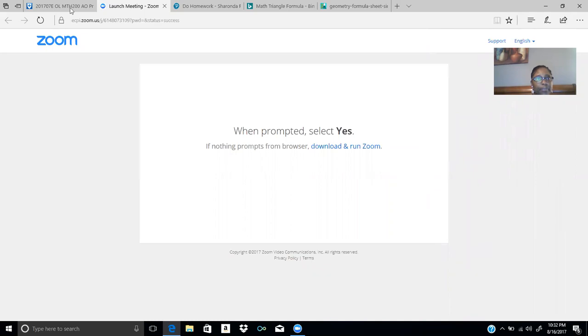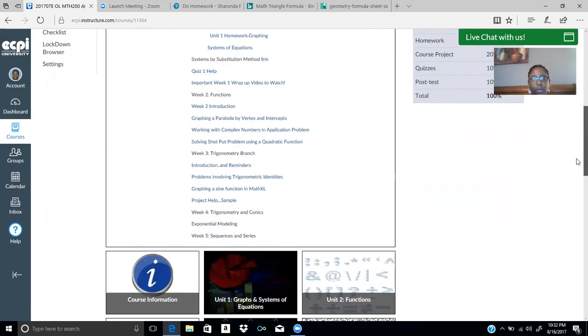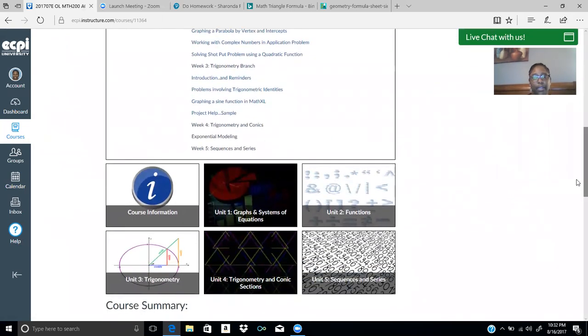Let's just recap. As you noticed, with week 1, we started off with the graphs and systems of equations. We were modeling functions in unit 1.